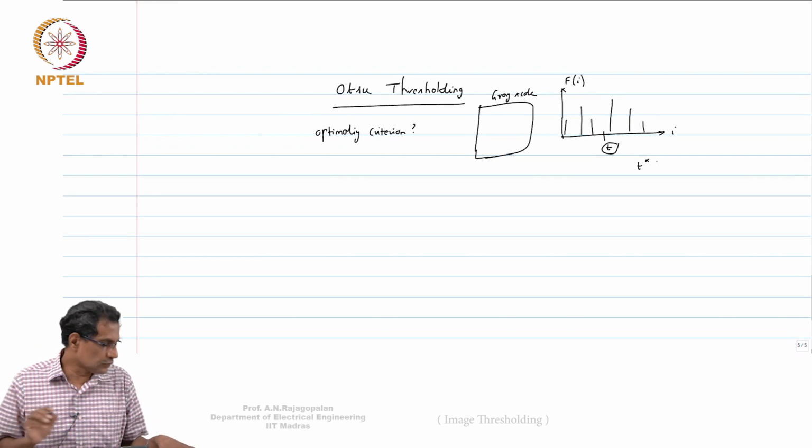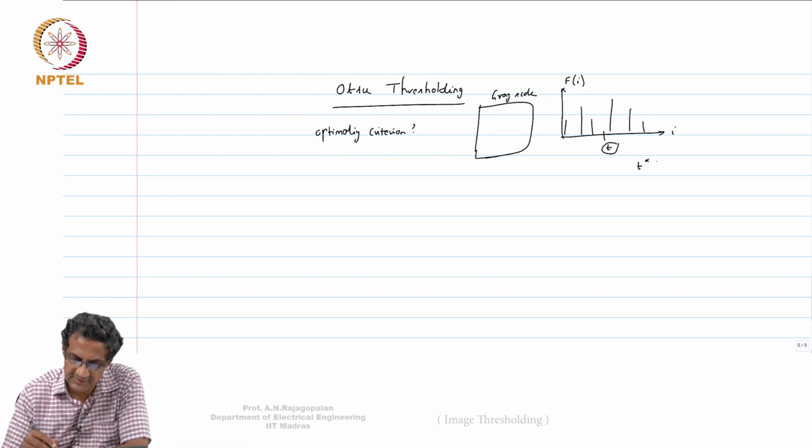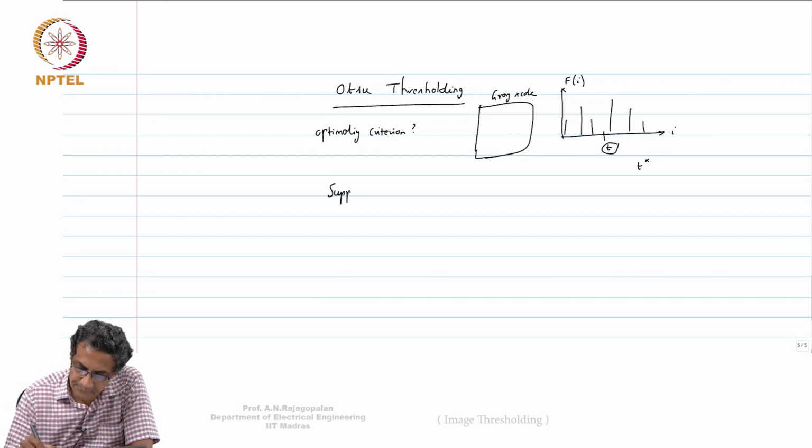So the way Otsu goes about it is like this. Suppose we select a threshold t arbitrarily.